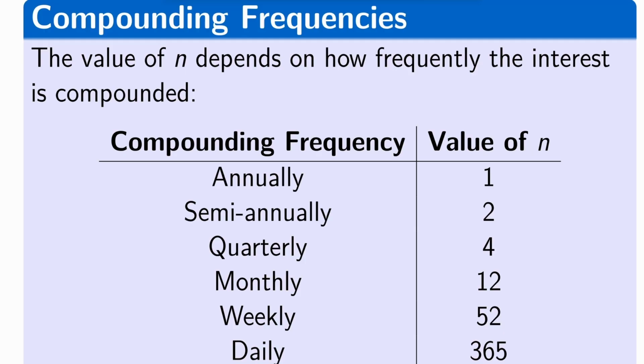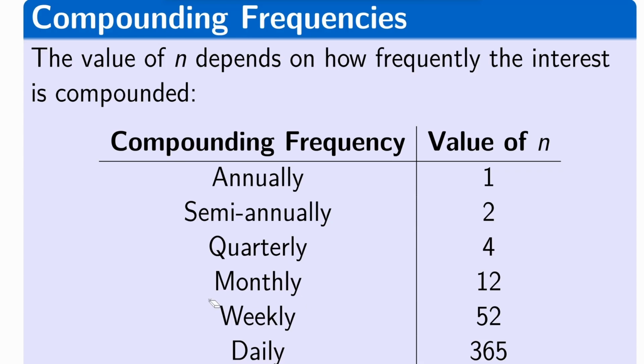So n is called the compounding frequency, right? The value of n depends on how frequently the interest is compounded per year. If the interest is compounded annually, that's once per year, then n is equal to 1. If compounded semi-annually, that's 2 times in a year, then n is 2. If compounded quarterly, that's 4 times in a year, so n is 4.